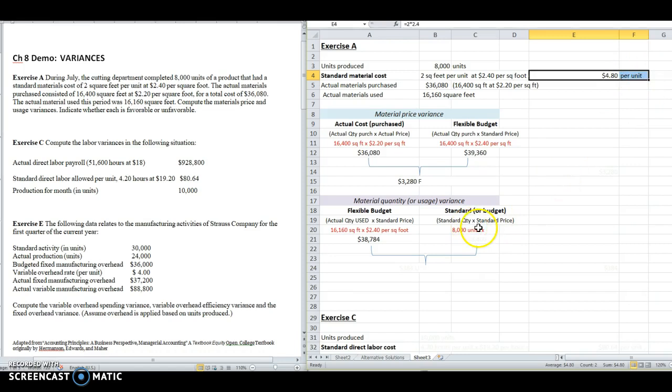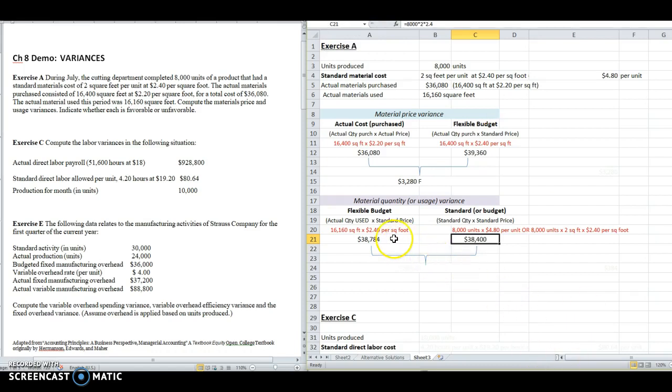So we can do 8,000 units times $4.80 per unit, or we could do 8,000 units times 2 square feet needed per unit times the $2.40 price per square foot. That is our standard. Either one will give you the same result, right? So either way you do that is perfectly fine, and we will get $38,400.